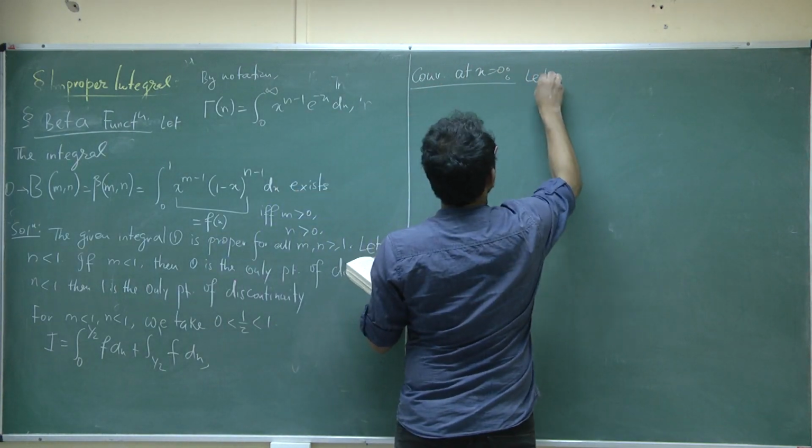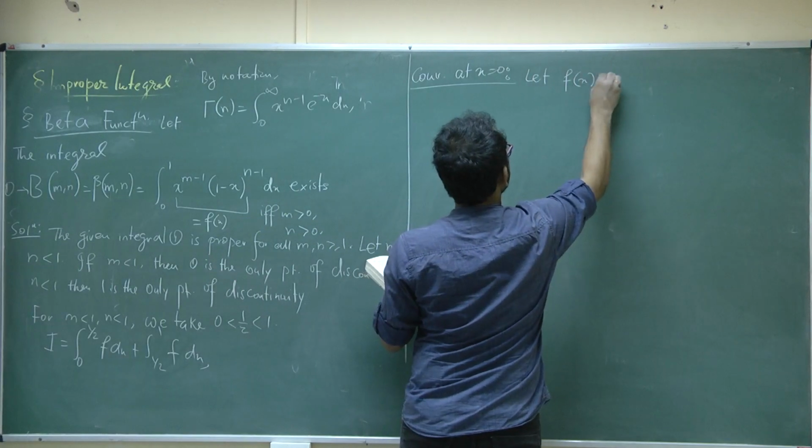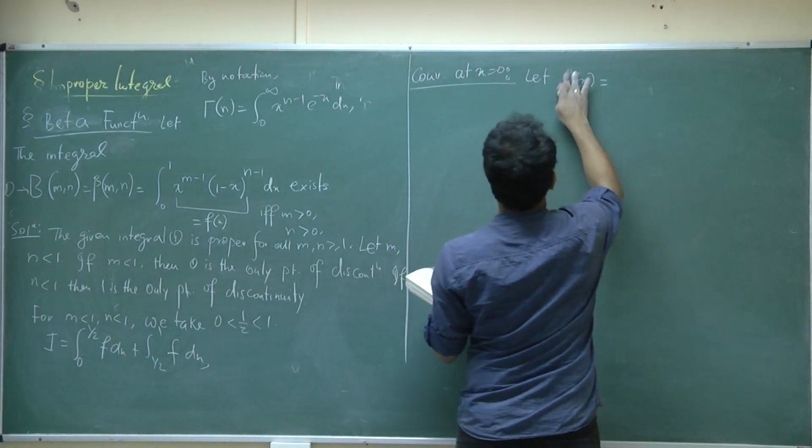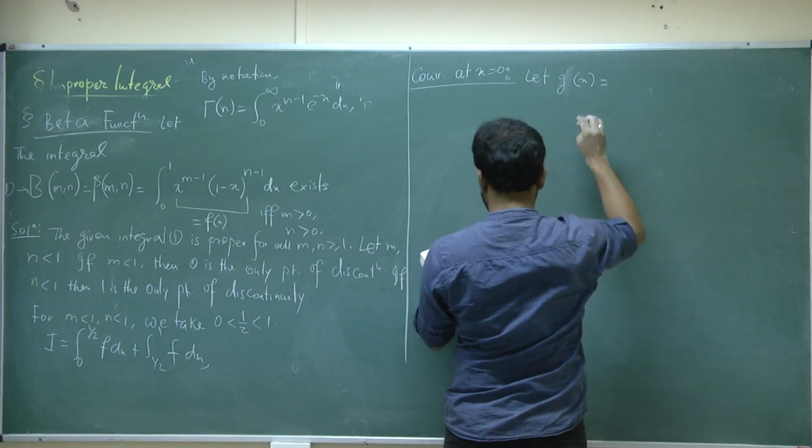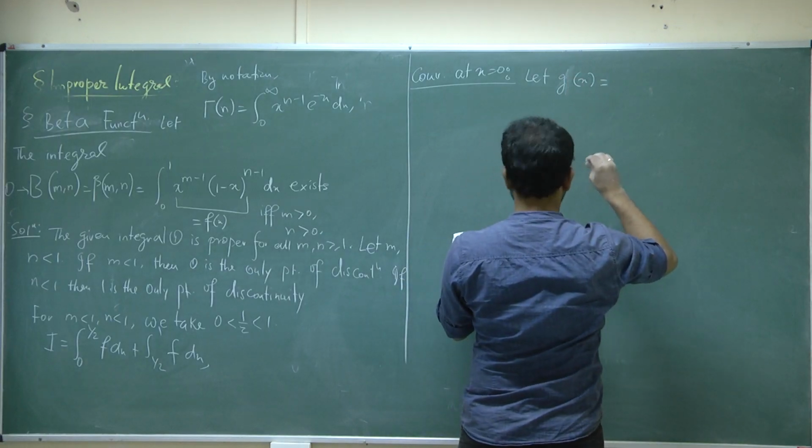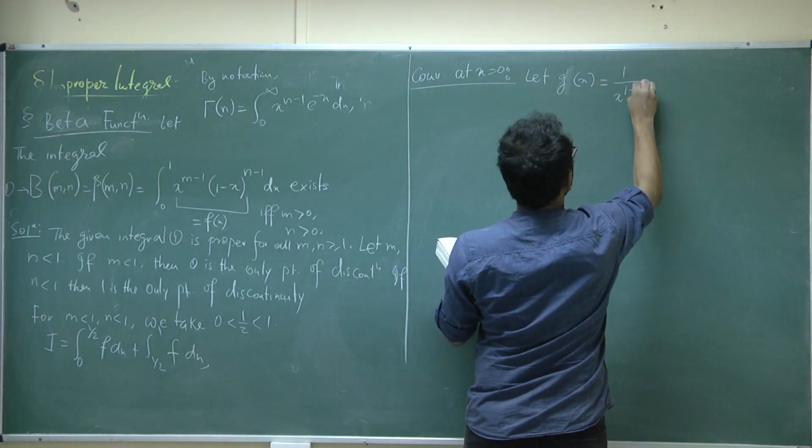So, let us take g(x) as 1 by x to the power 1 minus m.